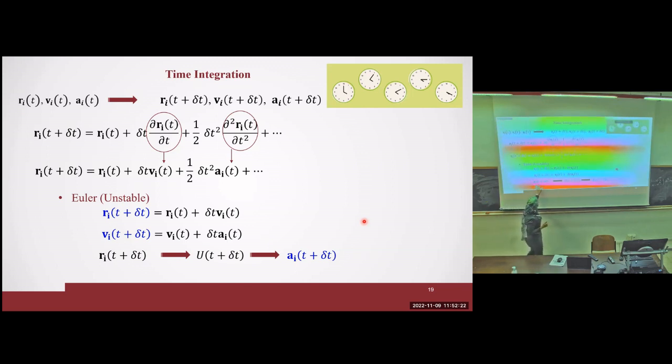So if we have the position, we have the acceleration. Okay, so from this point, we reach this point. But the problem is that the Euler method is quite unstable. The order of error in this method is really high because we are neglecting a lot of other terms. So this is not usually used in molecular dynamics.